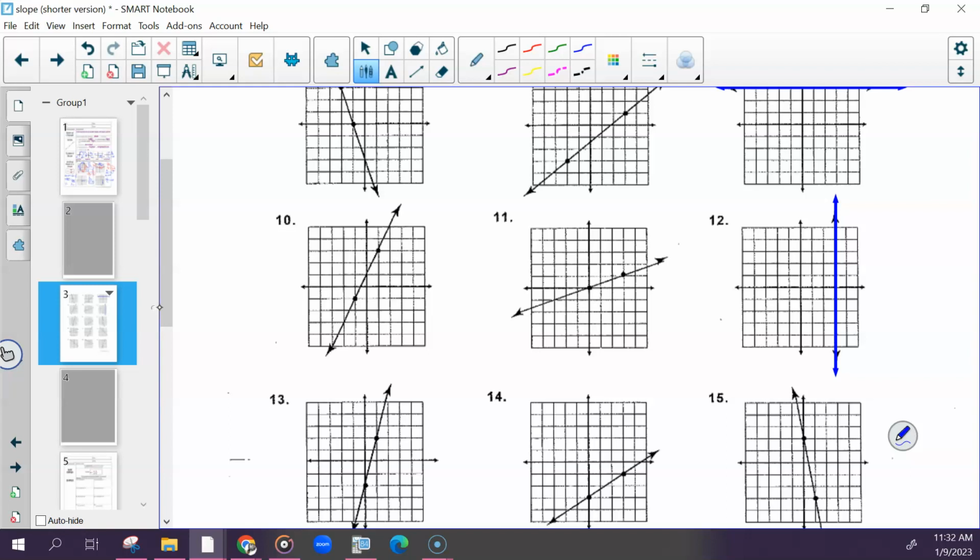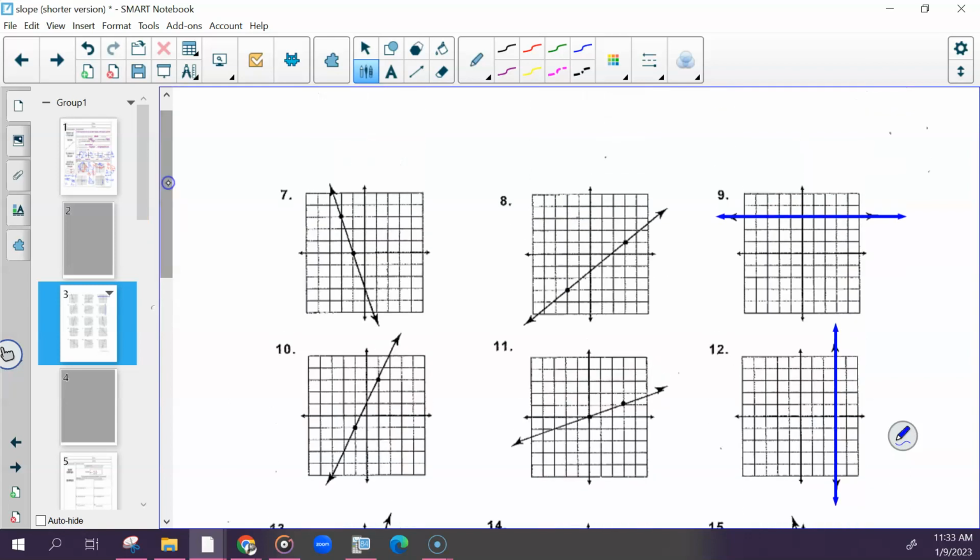Any on that page? If not, I'm going to ask you to find the slope of these 4. And these numbers don't match these numbers, but just remember them.